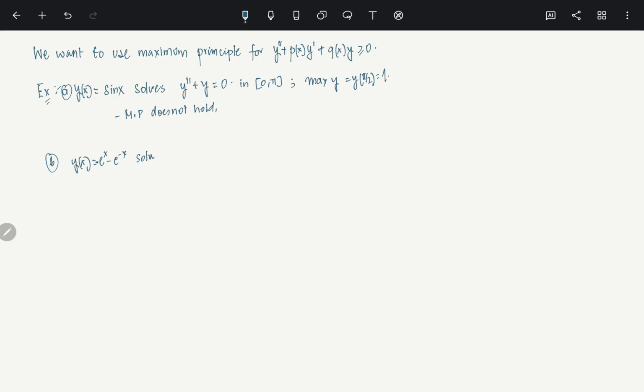Then this solves y double prime minus y equals 0, right? And the maximum of y is attained at 0, which is minus 2. And this is also in minus 1 to 1.